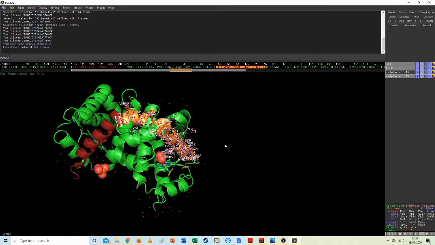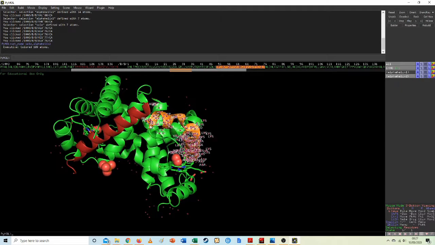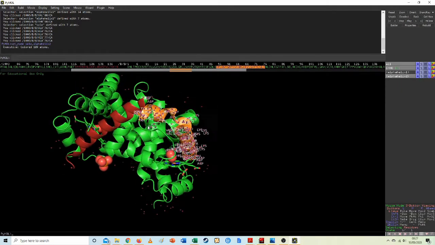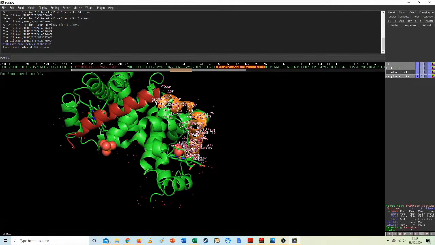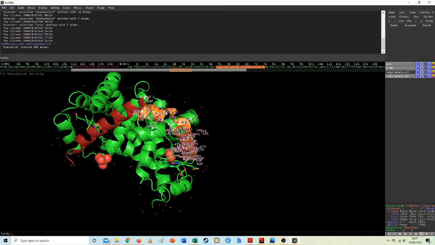Once again, really useful for me because I can say it so easily. The threonine is popping up again. The alanine's popping up again. Now, this weird bit here, we've got glycine. And that amino acid is probably causing that weird kink in the alpha helix.